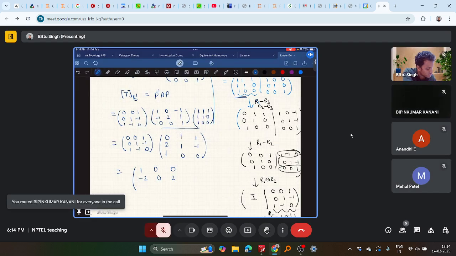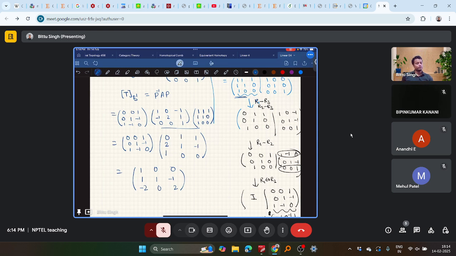Then what is the third row? The third row, what we have done, it is second minus third. So, sorry, second minus third means it is 1, then 1 minus 0, 1, minus 1, and after that R1 minus R2, which is the same as minus 2, 0, plus 2. So this should be the answer.